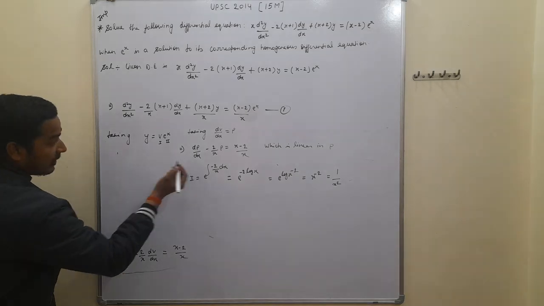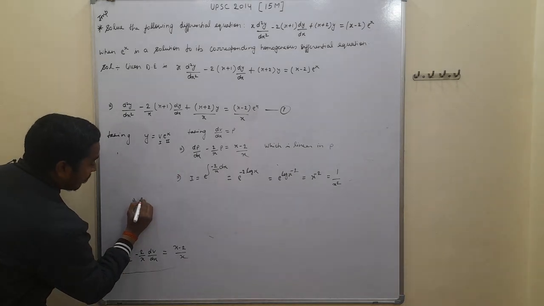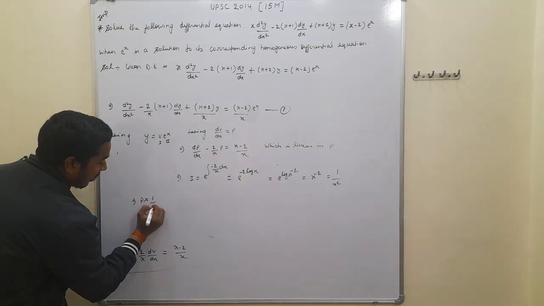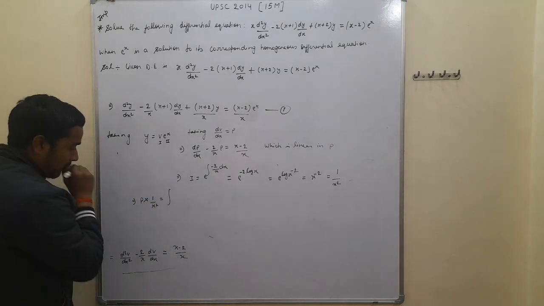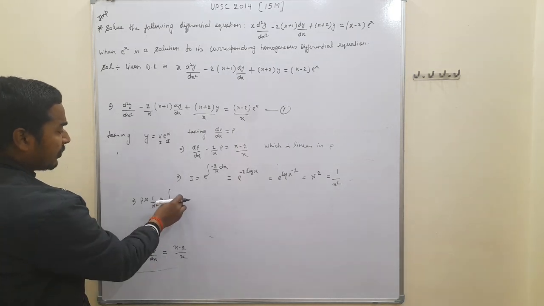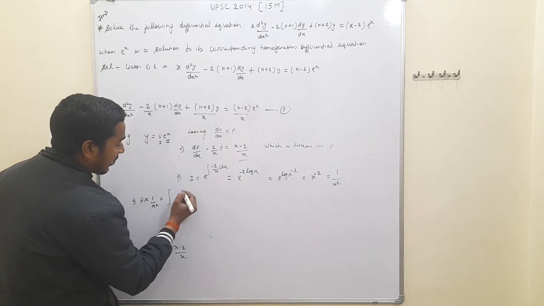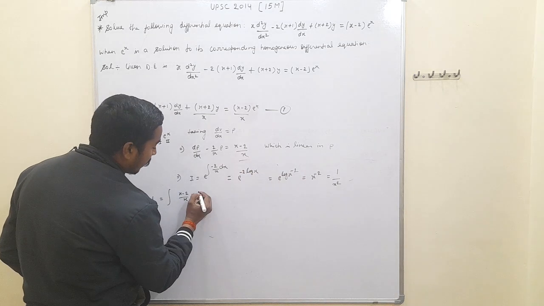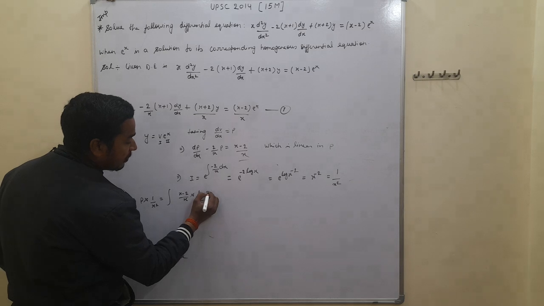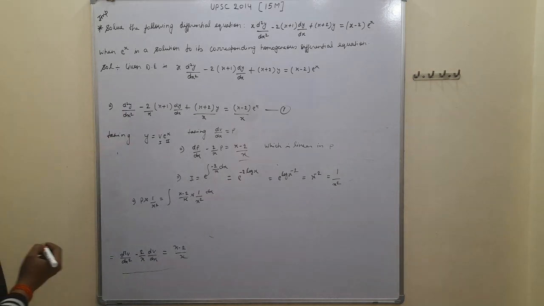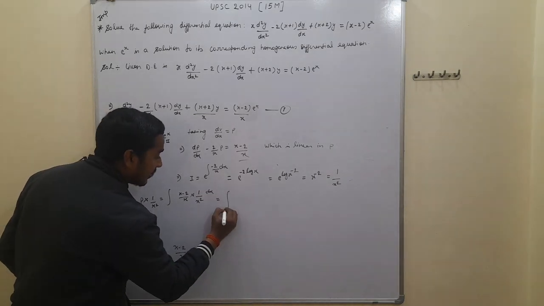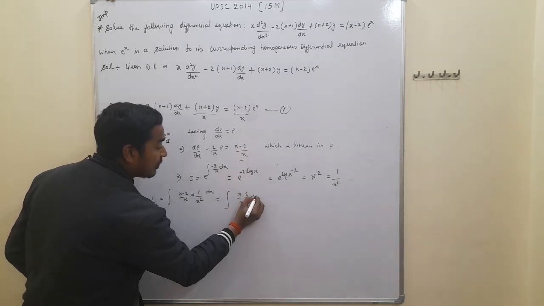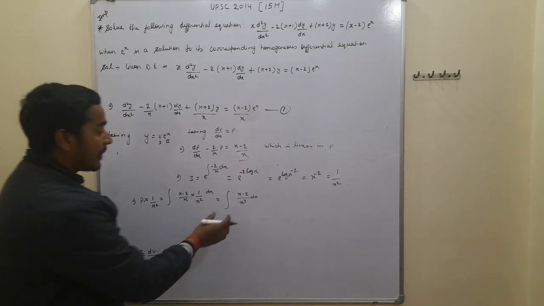This is linear in p, so we have to write here p into integrating factor, this is given by 1/x², equal to integration of q into IF. Here q is (x - 2)/x into integrating factor 1/x² into dx, and we can also write this as integration of (x - 2)/x³ dx, and we have to break it in partial form.